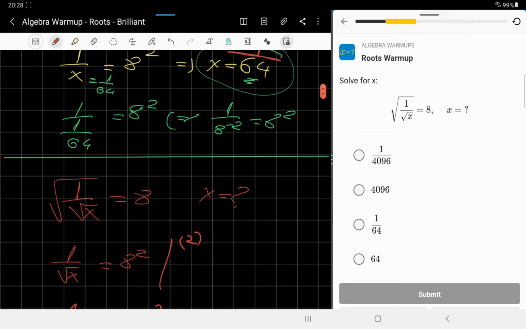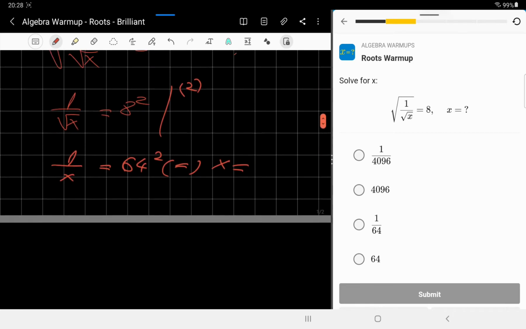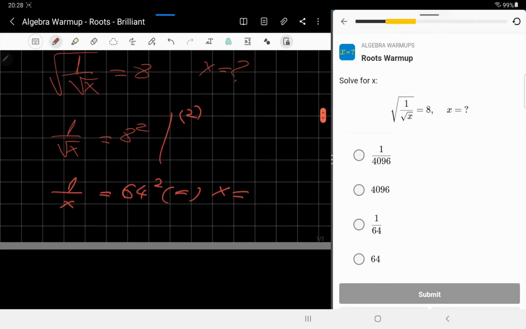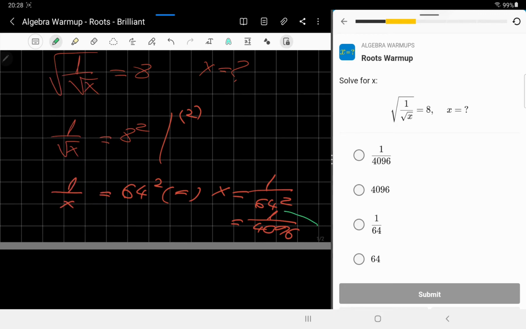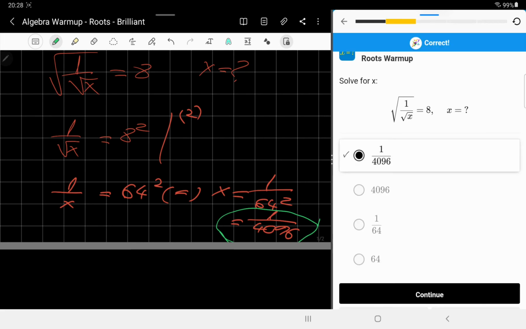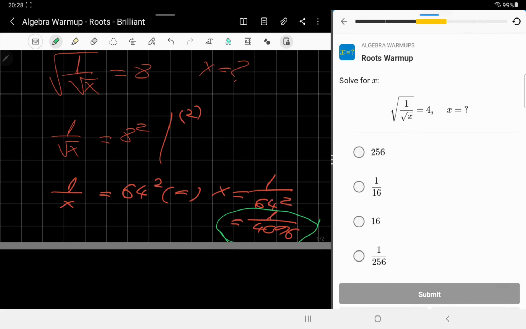So here x is equal to 1 over 64 squared, which is 1 over 4096. Okay, that's correct.